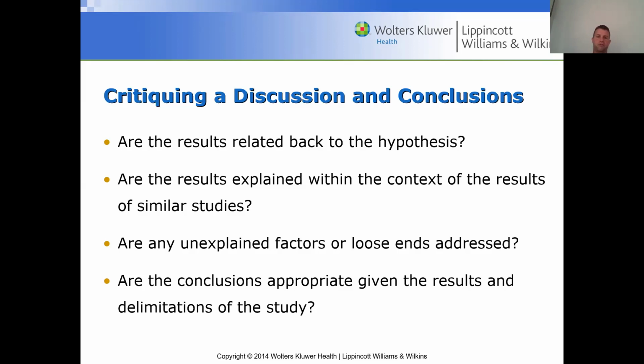Are any unexplained factors or loose ends addressed? Again, sometimes you have some weird things that happen in research. You get outliers and things like that, and you've got to talk about that. Well, we didn't know, but this subject was also taking these supplements while in the study, and we found out afterwards. So that's why, if you look at his or her data, which, you won't say who the person is, that's why their dot's over here, not in the grouping.